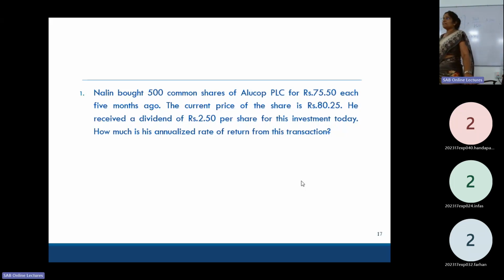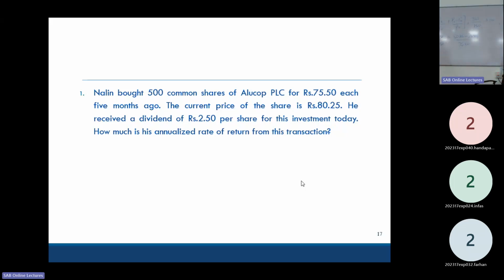What is the holding period return? What is the annualized rate of return? Holding period return is how much? I forgot to write on this screen.